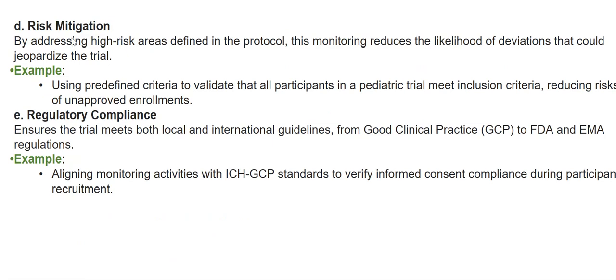We have the risk mitigation by addressing high risk areas defined in the protocol. This type of monitoring, the protocol-specific monitoring, decreases the likelihood of deviations that could jeopardize the trial. And this applies to what we just mentioned, avoiding and preventing deviations, because deviations might have consequences like jeopardizing the trial.